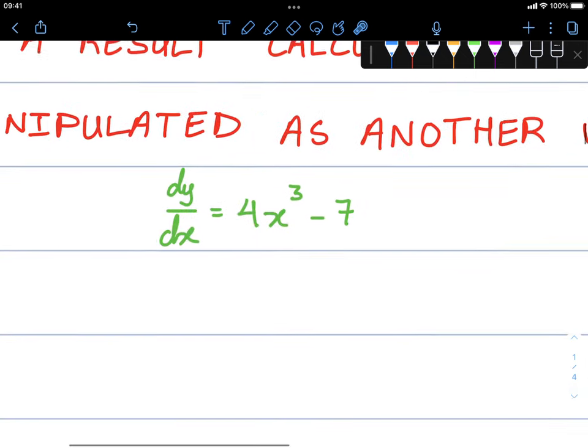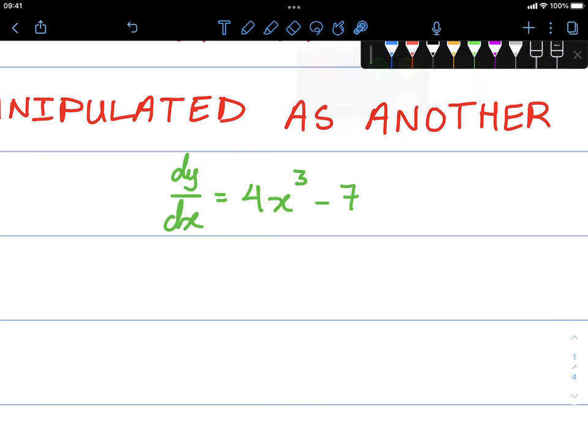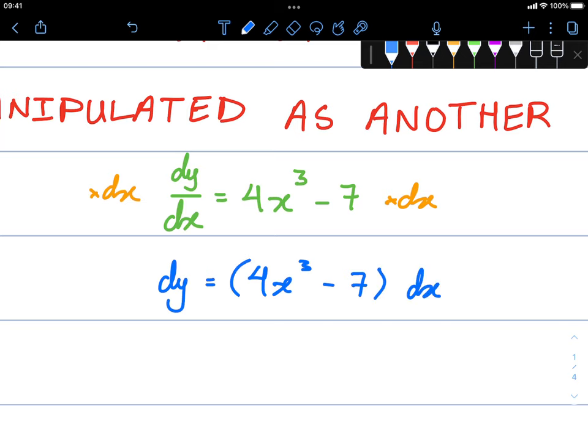Let's demonstrate here. Notice how we have dy dx. Normally we saw this just as notation. We should look at this now as another variable that we can multiply both sides by dx. It will give us the expression dy equals 4x cubed minus 7 dx.